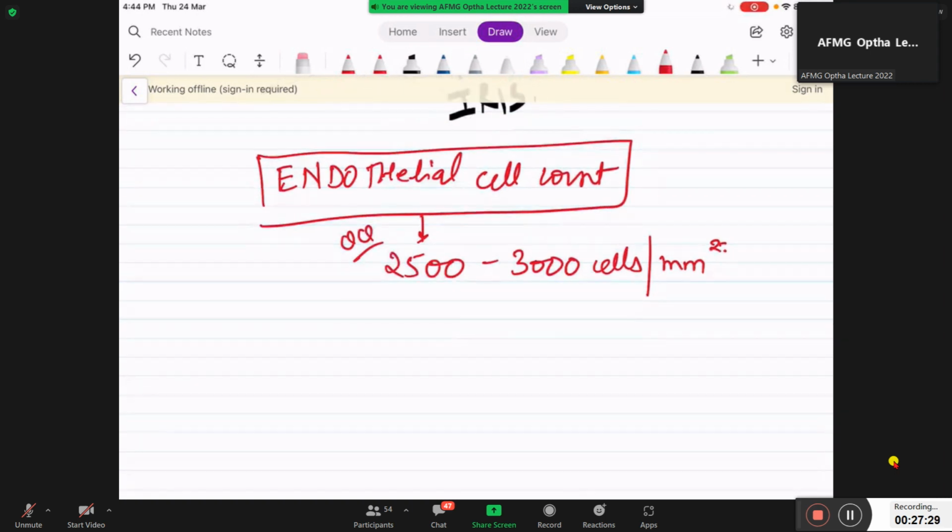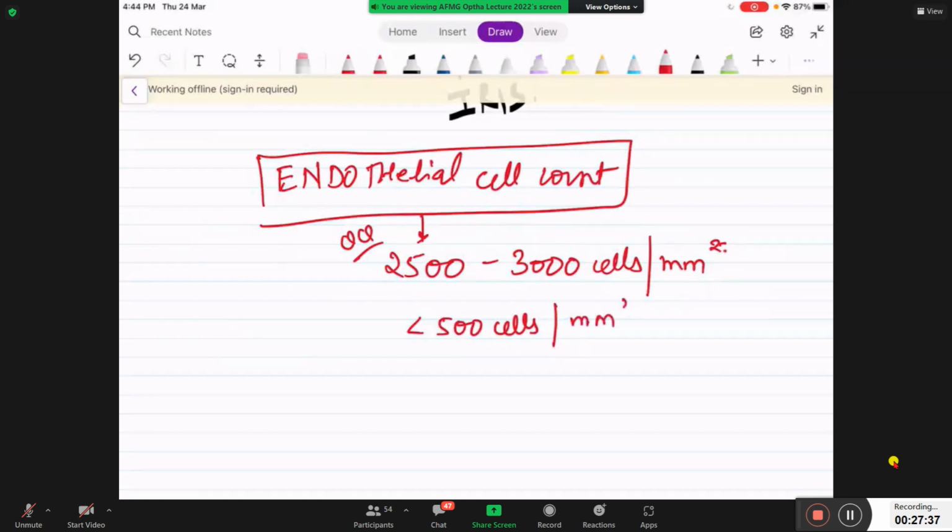Now, suppose this endothelial cell count gets less than 500 cells, then what will happen? Automatically, when the endothelial cell count decreases, the transparency of the cornea will be hampered, right? And the cornea will become hazy.